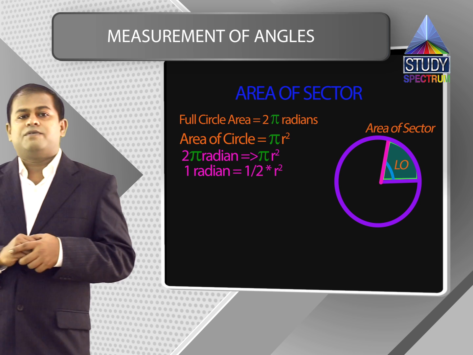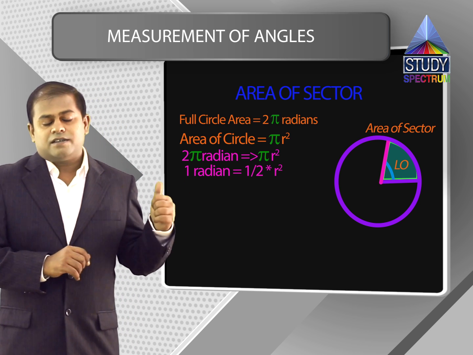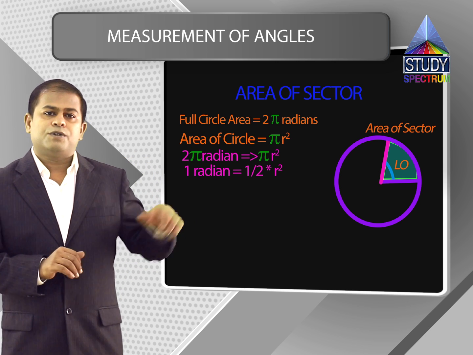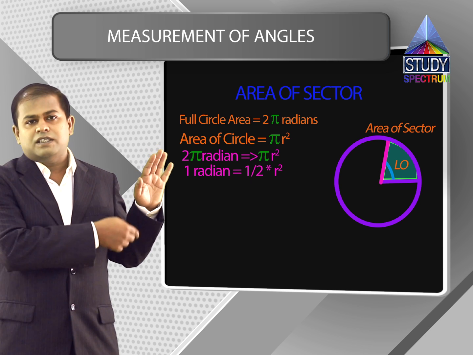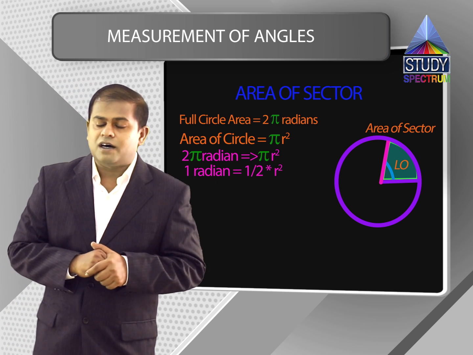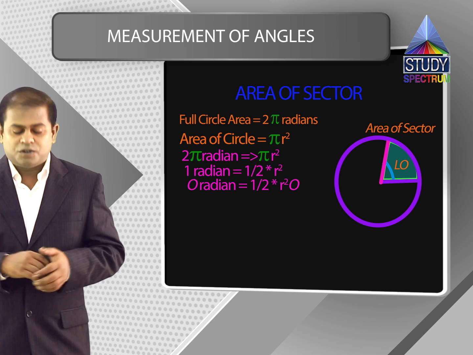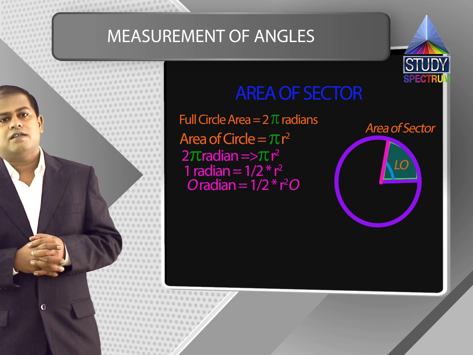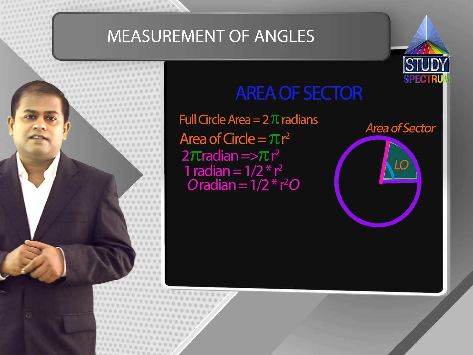In this case we have a sector of measure theta radians. So 1 radian corresponds to half r square. So the area of the sector corresponding to theta radians is half r square theta, right? So from now onwards we'll say the area of a sector is half r square theta. Remember, theta here is measured in radians.